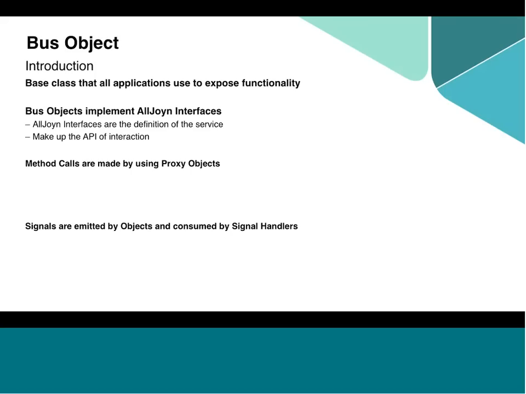But with all this stuff, once we've connected, in order to perform something interesting and be able to interact, we use what's called a bus object. Now this is an encapsulation of all the interfaces that can be interacted with, such that it makes up your local set of APIs.